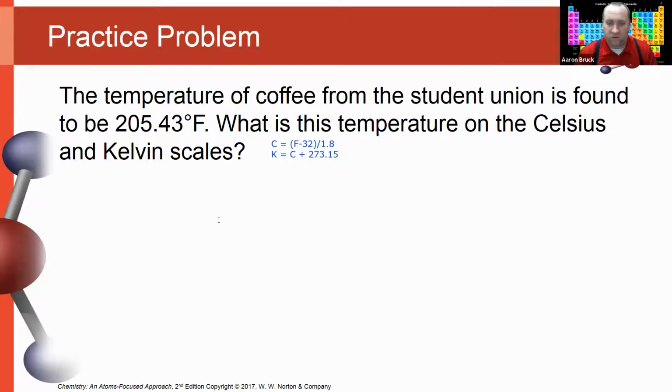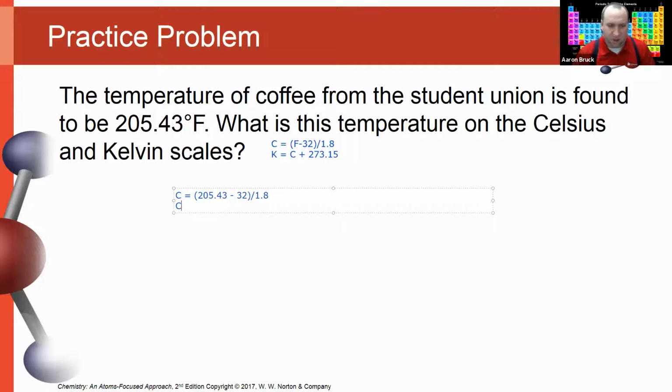So for Celsius, Celsius is equal to Fahrenheit, 205.43, minus 32, divided by 1.8.